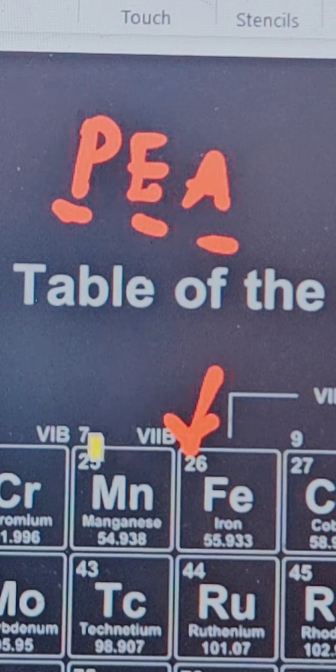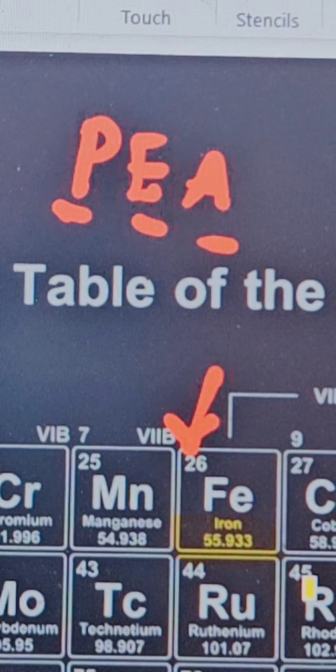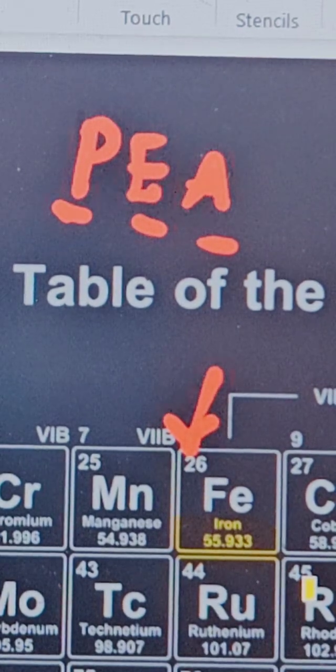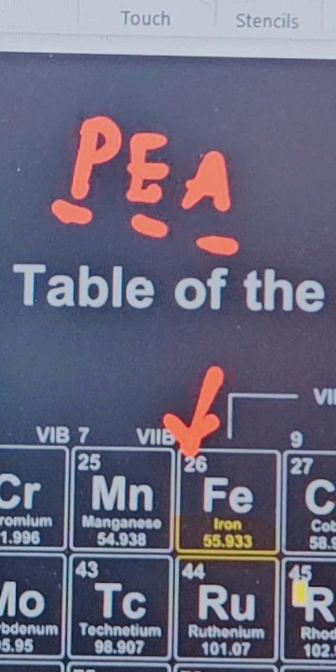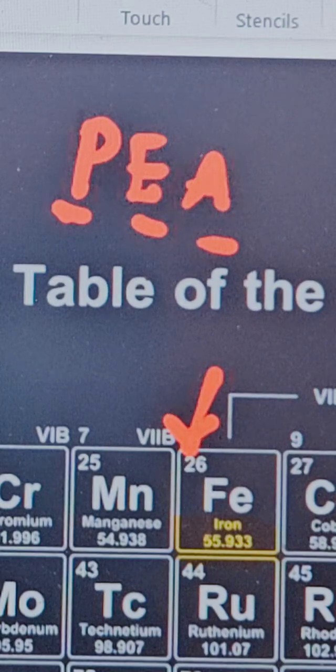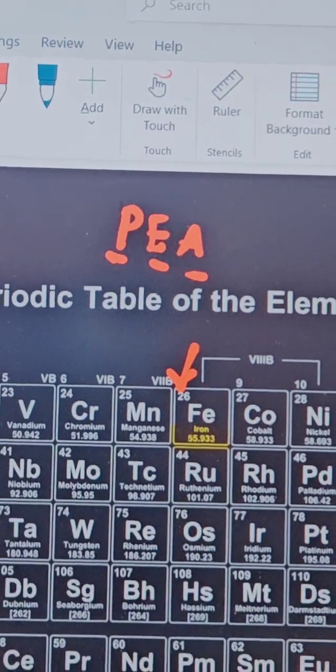Now, when you look at this bottom number right here, that is the mass number, all right? That is the atomic mass number. So in other words, the weight that the element weighs is equal to that number with those decimals. And by the way, when you are dealing with neutrons, because you have to put all this together, I'm going to zoom out a little so you all can see this part.